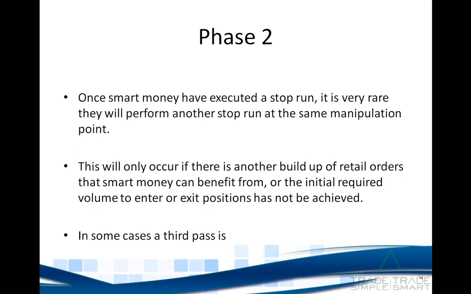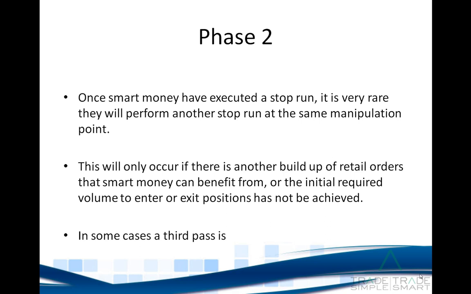Now, a few things to keep in mind in regards to the manipulation levels and also the manipulation process, and that is, once smart money have executed a stop run, it is very rare they will perform another stop run at the same manipulation point.